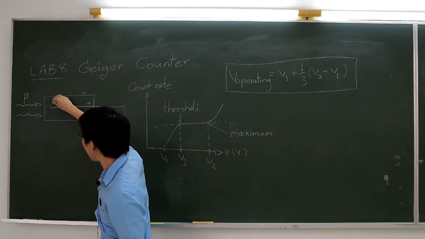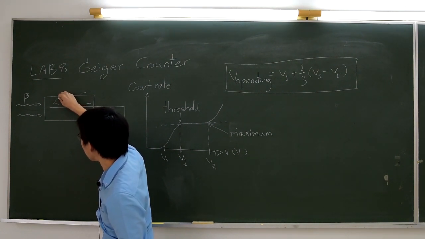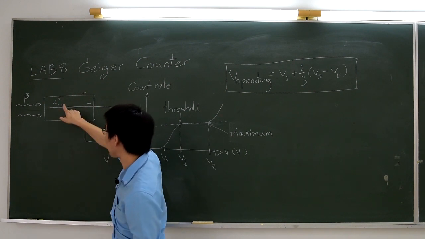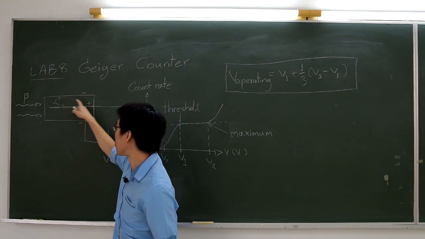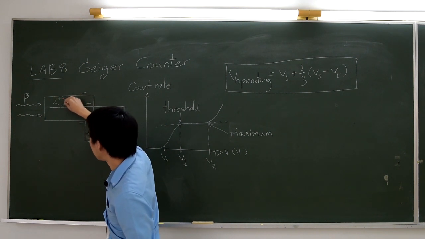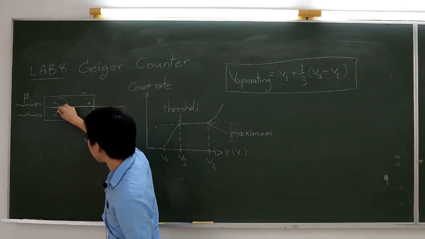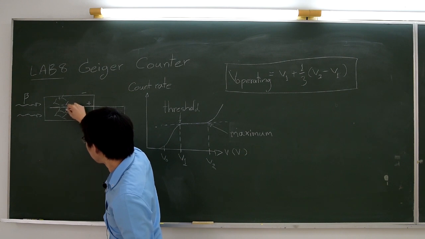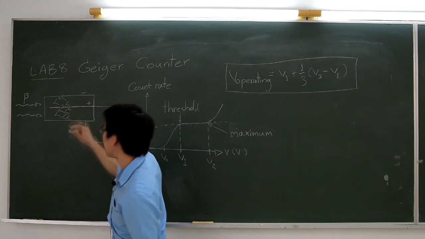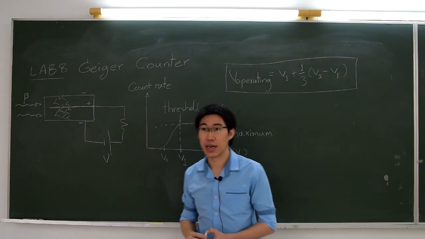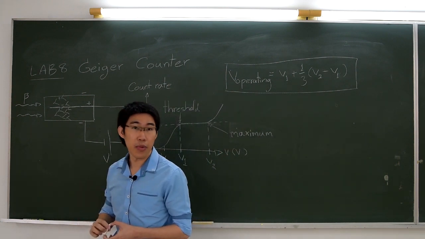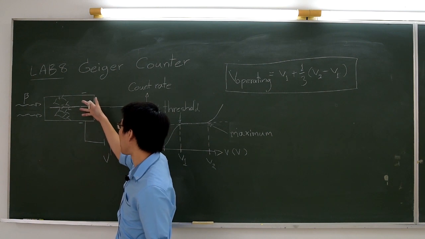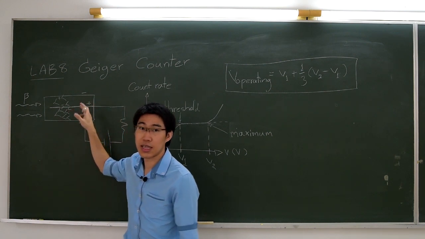When the radiation enters the Geiger counter tube, it can ionize the gas molecules and produce a chain reaction. The electrons and ions will be attracted to the electrodes and produce the signal in the Geiger counter tube.